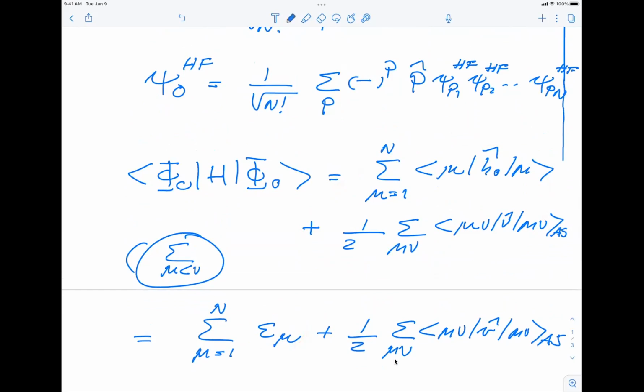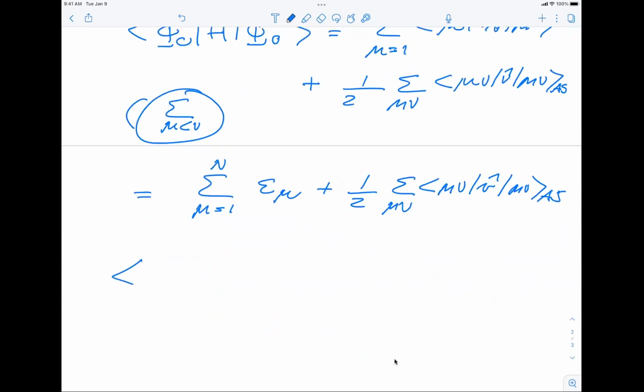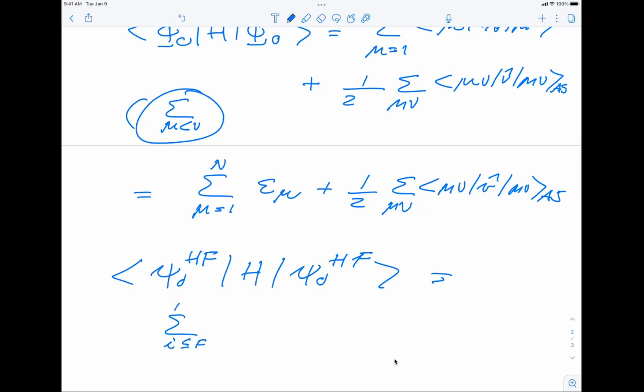So if I now calculate the same expectation value with a new basis, so psi 0 Hartree-Fock of H of psi 0 Hartree-Fock, what I get then, if I just repeat what we had in some of the first exercises, is simply a sum, but now over the states, which in my case are given by states below the Fermi level. So I would now have I less than F, up to the number of particles, up to the Fermi level, which is nu.